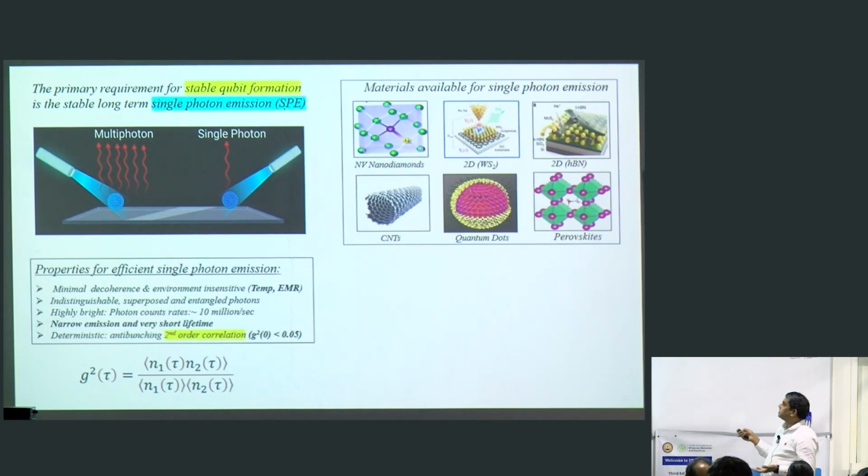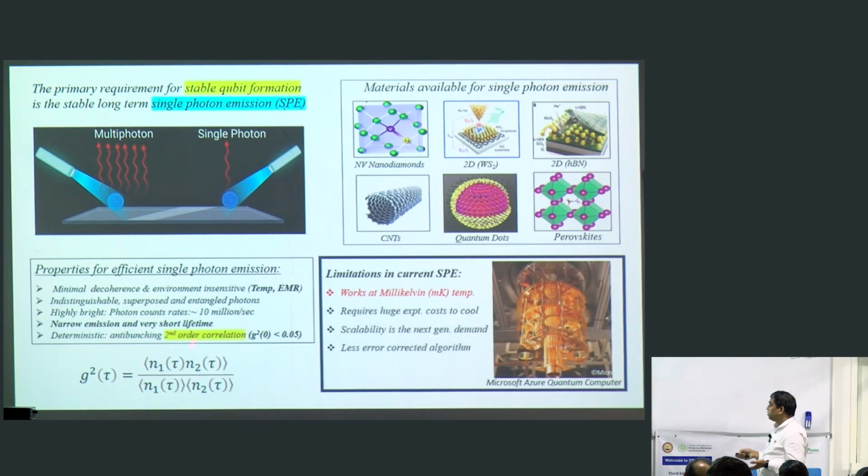And in this case, of course, there are several materials. From the morning we have been listening, all these materials are being used for single photon emission, but none of them are good enough for room temperature single photon emission, because all of this works under millikelvin temperature. Why? Because the spin state created, or this qubit formation, is not stable; it is very temperature sensitive.